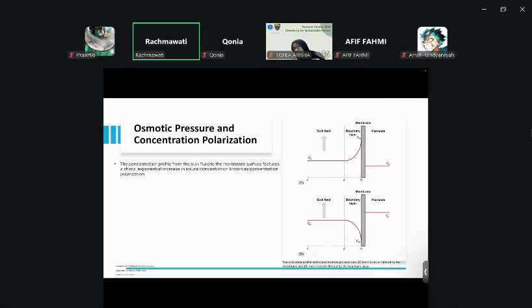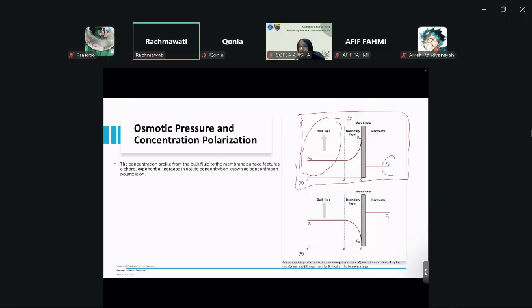And then the concentration profile. This is the normal one, the profile from the bulk fluid, which is constant, to the membrane surface. Near the membrane surface it will increase exponentially, as the concentration polarization.